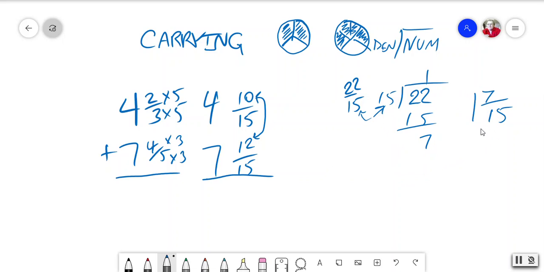So now the 7/15 is good to go. But the 1 has to go over and play with the whole numbers because it's not a fraction anymore. You carry it. 1 plus 4 is 5. 5 plus 7 is 12. That is the final answer.